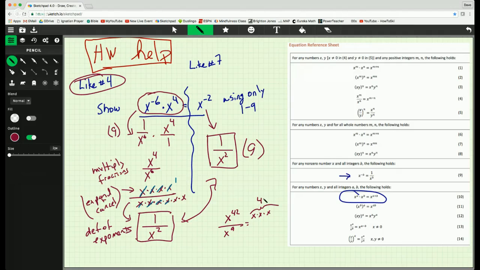Go 42 times, and on the bottom have x times x times x dot dot dot 9 times. So you can write it out. You don't have to write out 42 x's. Okay, so let's move on one more time to the last problem.